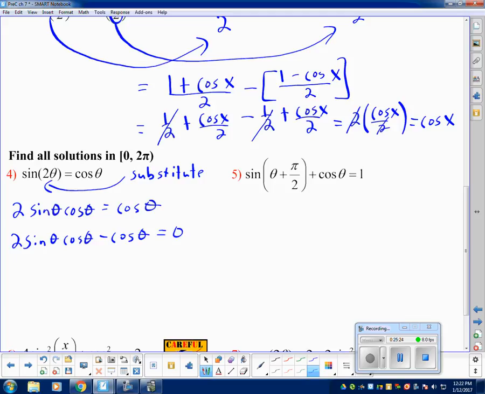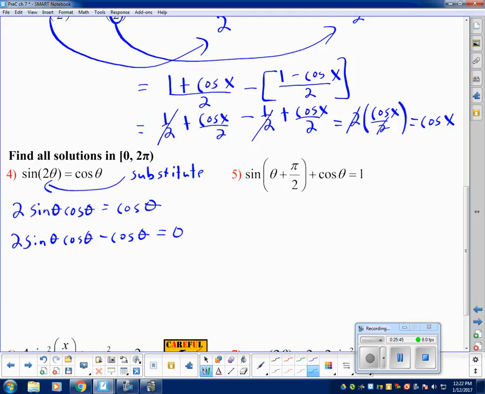Where do you see the substitution come in? Right here. I'm looking at that equation. I can't solve it as is. But when I substitute 2 sine of theta cosine of theta for sine of 2 theta, now I can solve it.